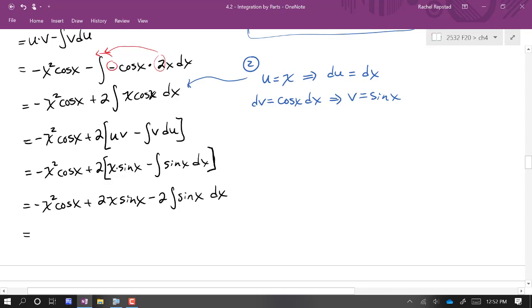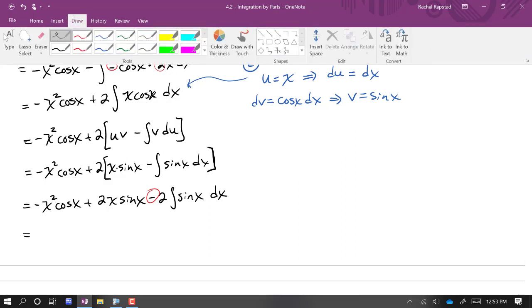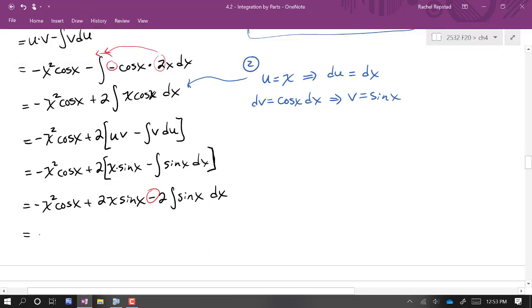We know the integral of sine is a minus cosine, and since we are subtracting this integral, it'll end up being a plus 2 cosine x at the end there. And then plus a constant, of course.